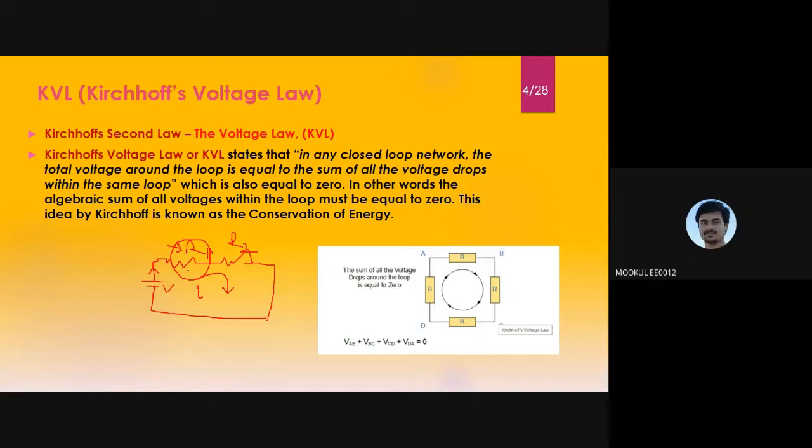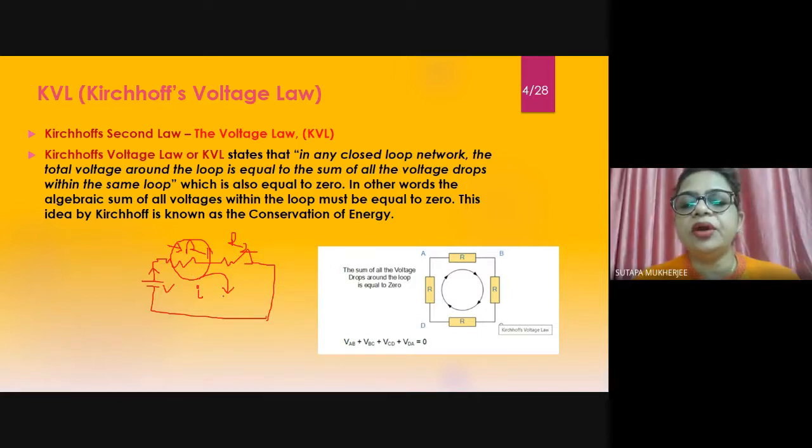The loop direction is your consideration; you are assuming the current is flowing in this direction or that direction. Because your assumed direction and the direction of the current flowing through the resistances are the same, the drop across them will be considered a negative drop. That is, I R1 will be a negative drop, I R2 will be a negative drop, plus V, that will be equal to 0. Is it clear?